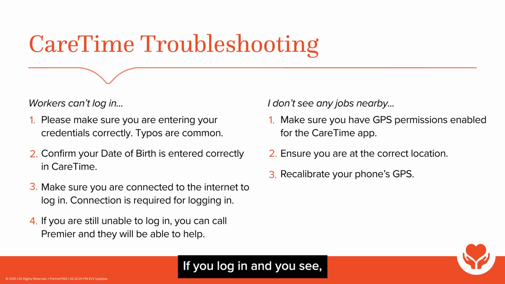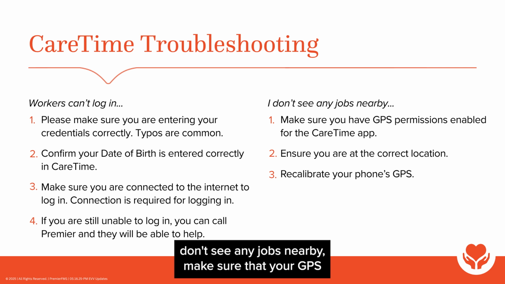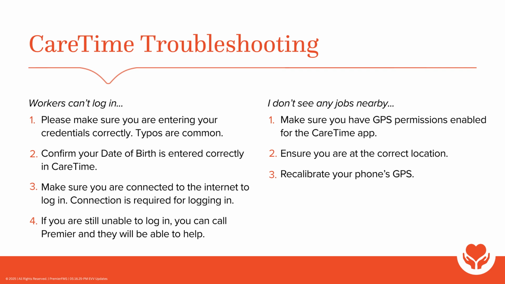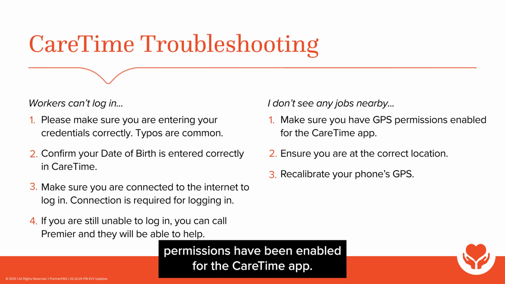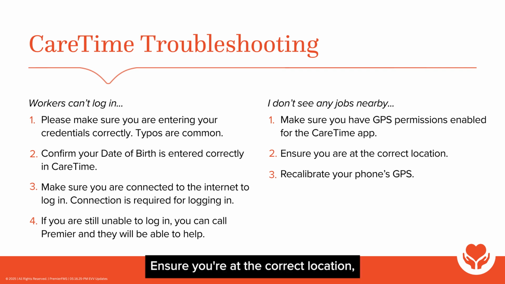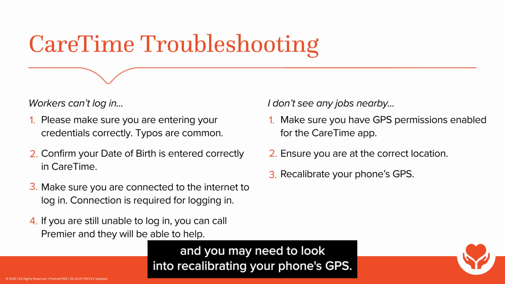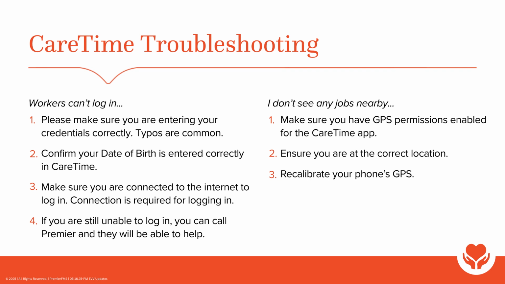If you log in and you don't see any jobs nearby, make sure that your GPS permissions have been enabled for the CareTime app. Ensure you're at the correct location, and you may need to look into recalibrating your phone's GPS.